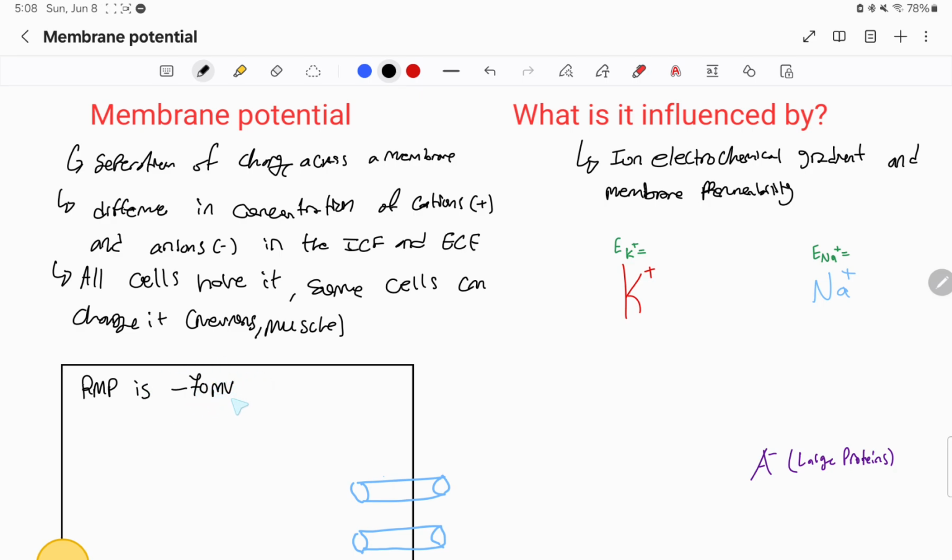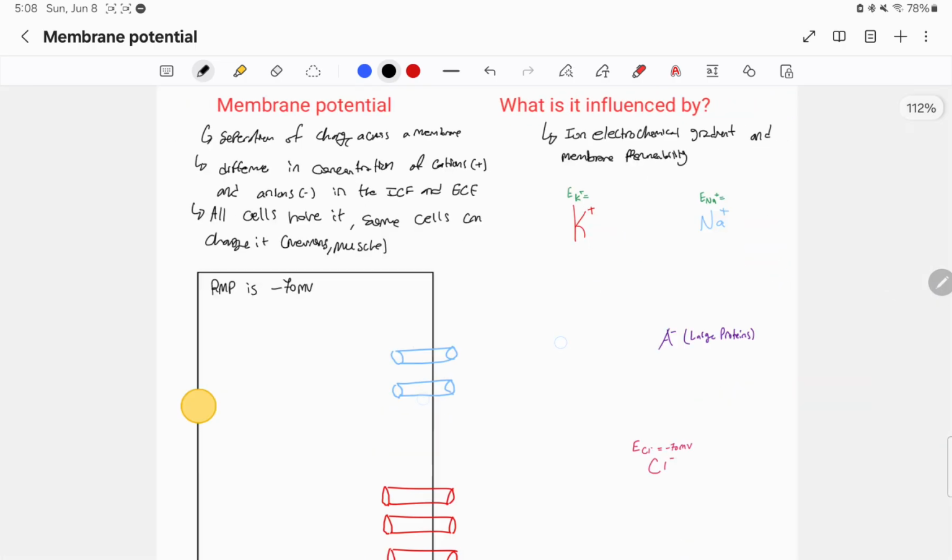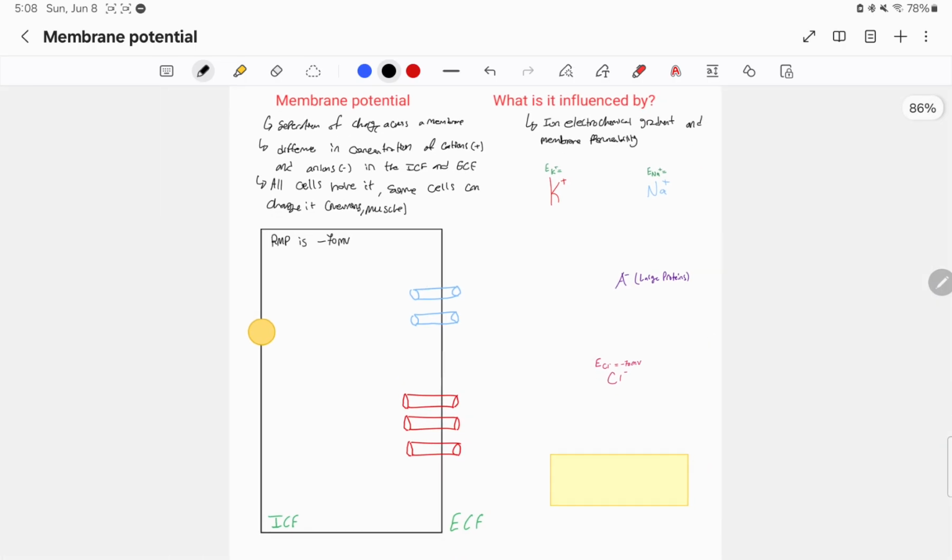Okay, this is indicating to me that the inside of the cell is very negative. Okay, great. And the outside of the cell, we don't usually give it a voltage. We said that it's kind of electrically neutral. We say it's maybe 0 millivolts. Doesn't really matter.